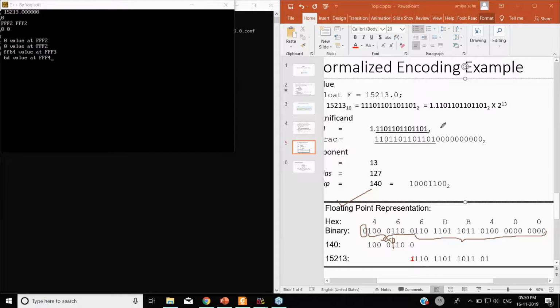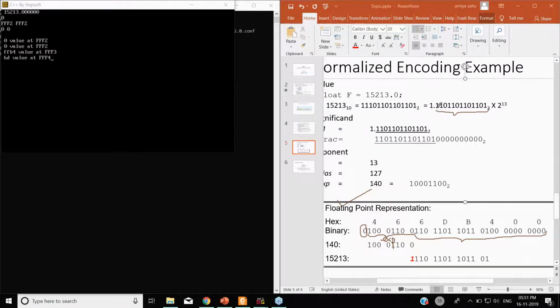So what is the fractional part? 0.110110. This is the fractional part. I have stored the fractional part in the section called the significand portion of the floating point representation. This is my sign, this is the exponent, and this is the significand, the fractional part of the binary number.